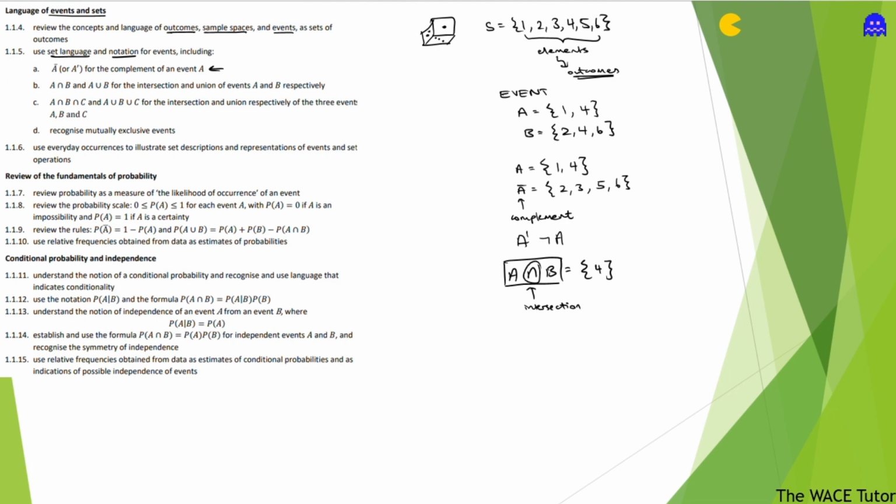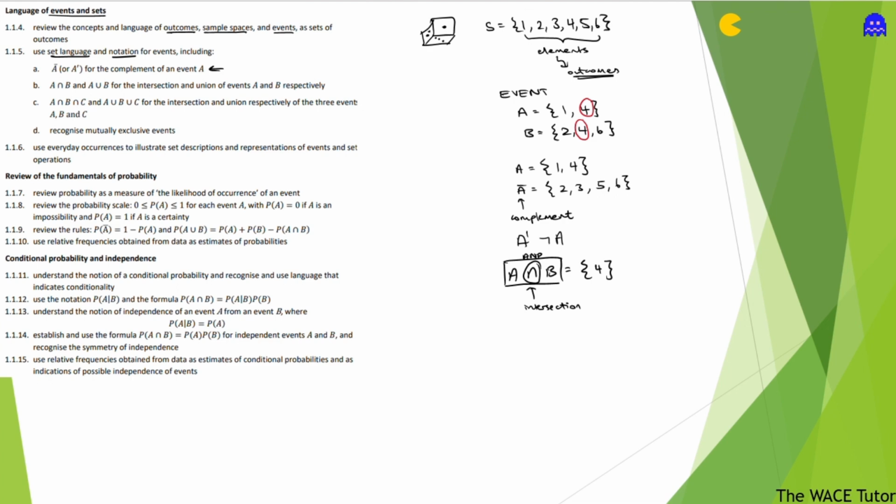When we talk about this symbol, we refer to the symbol as AND, or the intersection of A and B. So, at the intersection of A and B, both event A and event B have to be satisfied. The only way that both event A and B are satisfied is if we roll a 4. In the case that we roll a 4, we have rolled a 1 or a 4, and we have rolled an even number.